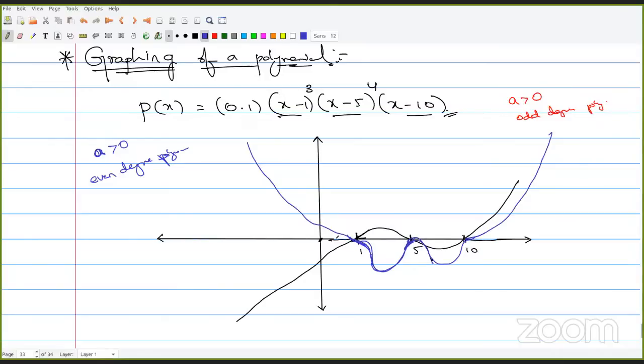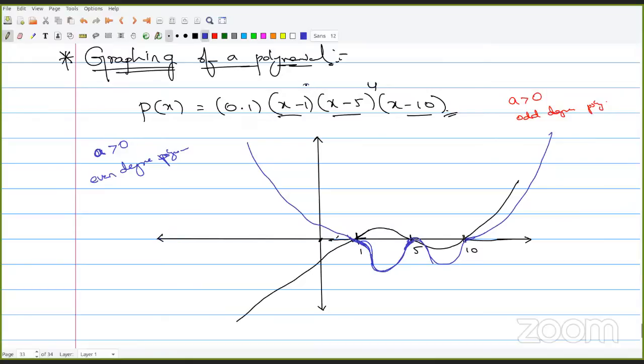Okay. Sir, I have a question. Here the degrees of x minus 1 and x minus 10 are both equal, meaning both are odd. What if x minus 1 is odd and x minus 10 is even? How can I then plot it?